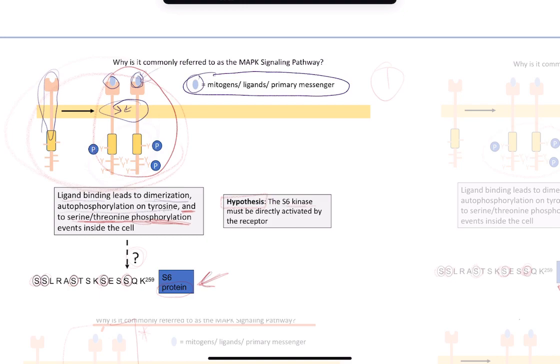Okay, excellent. So what happened here? The whole point of this slide, the discussion, is that we saw this all happening. We know this is a tyrosine receptor.